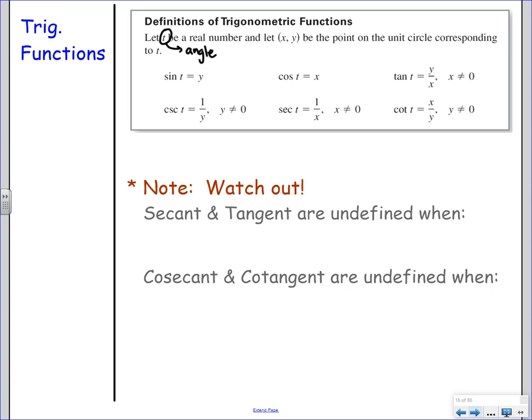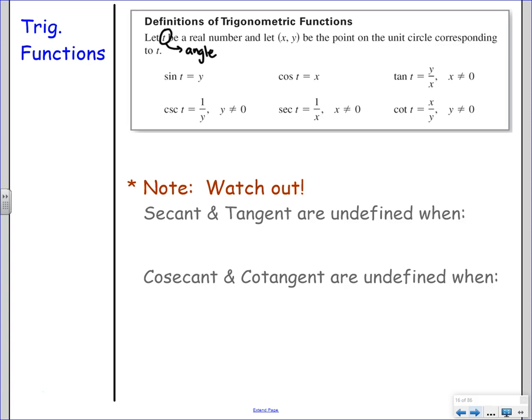So sine of t, or sine of an angle, is going to be the y value, because it's opposite over hypotenuse. Cosine is going to be the x, because it's adjacent over hypotenuse. Tangent is going to be y over x, as long as x is not 0. If it is, it's undefined, because tangent is opposite over adjacent.